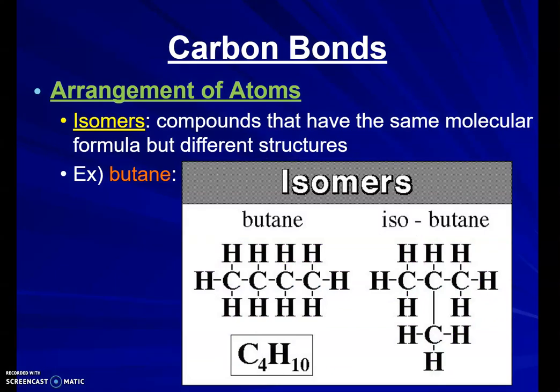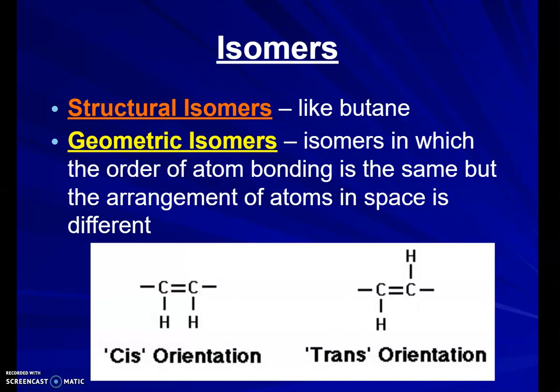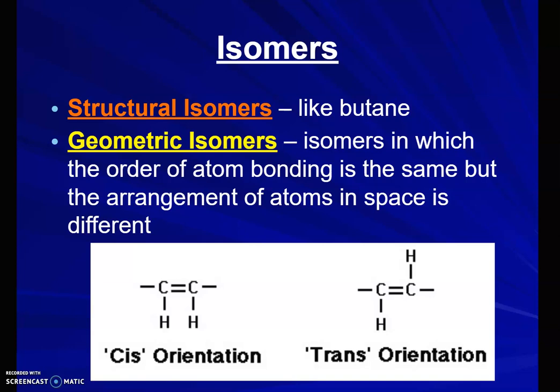So this isomerism can kind of get things to be a little bit of a pickle, but it really kind of allows for you to exercise your brain in lots of different ways. All right, so there are structural isomers, like we saw right now with butane, and there's also geometric isomers, which means that you can have different things on different sides of a double bond.